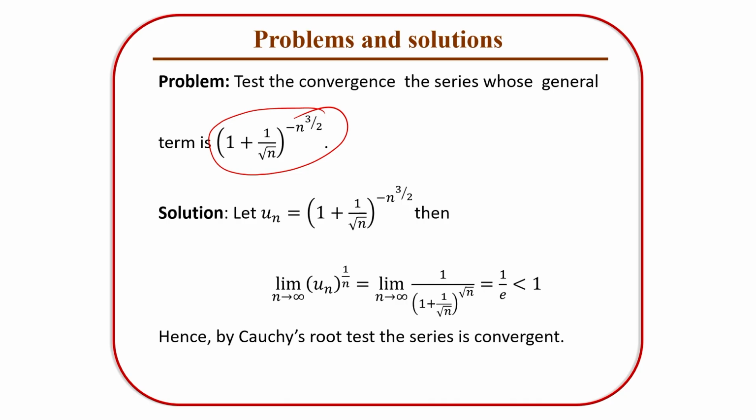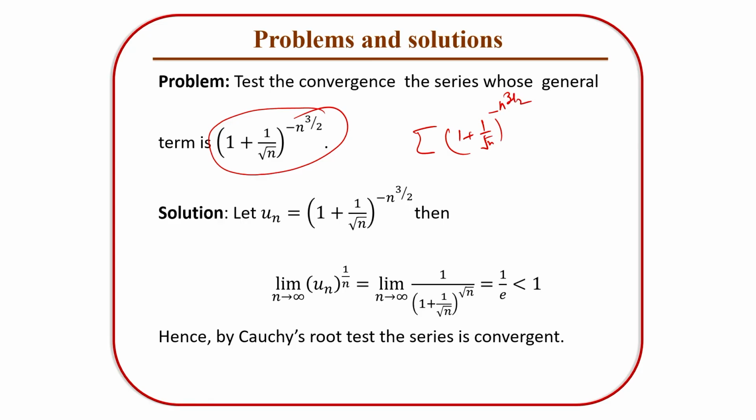So, if terms are in some power or some roots, then you are going to use the Cauchy root test. Here each term is given: 1 plus 1 by root n, to the power minus n to the power 3 by 2.